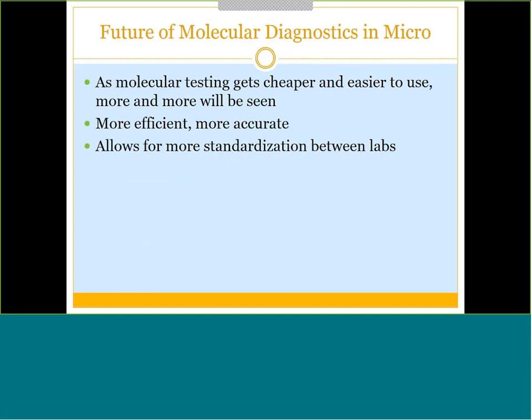The thing with micro right now is micro's always been a very heavily hands-on testing type of department. You look at the colony, you kind of figure, okay, I think it might be this. You start doing all these little tests that you can do on the bench yourself. It was very susceptible to differences from tech to tech.